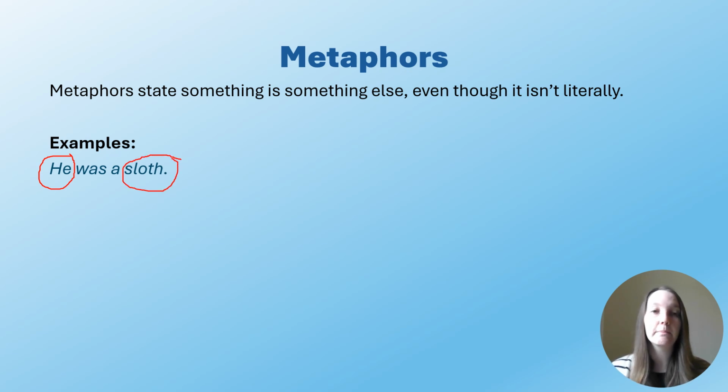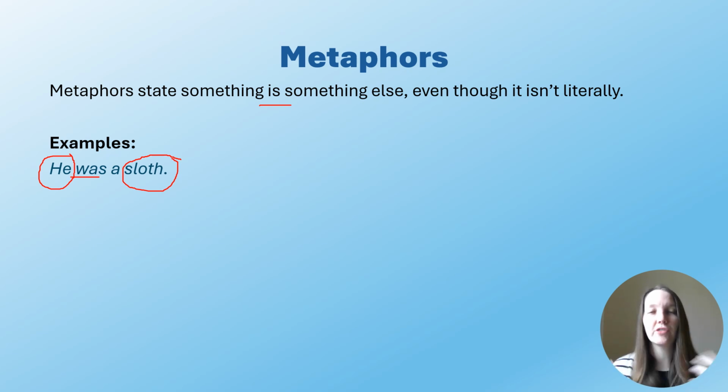But stating that someone is a sloth is trying to convey this image that this person is either really slow or really lazy. And notice here we've got he was a sloth. It might also say he is a sloth. So that's where metaphors state something is or was something else, even though he's not literally a sloth.